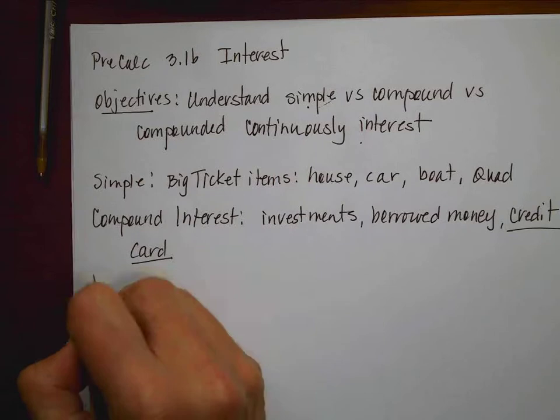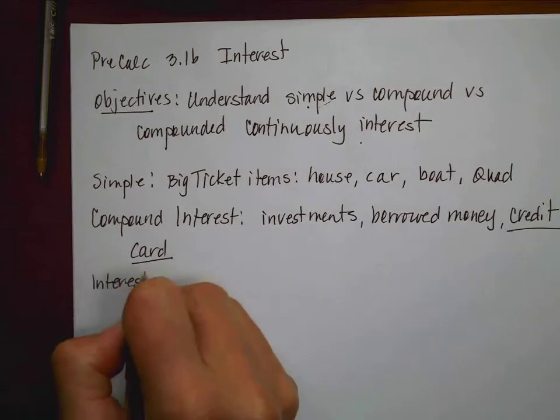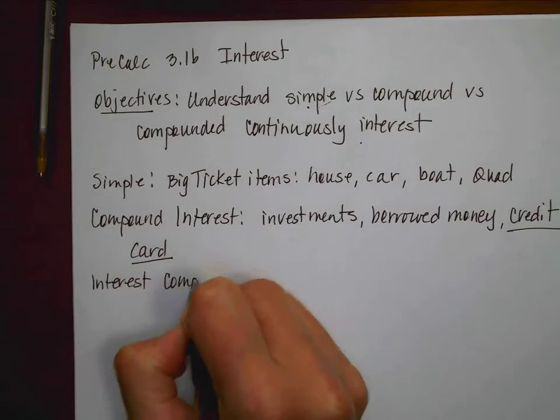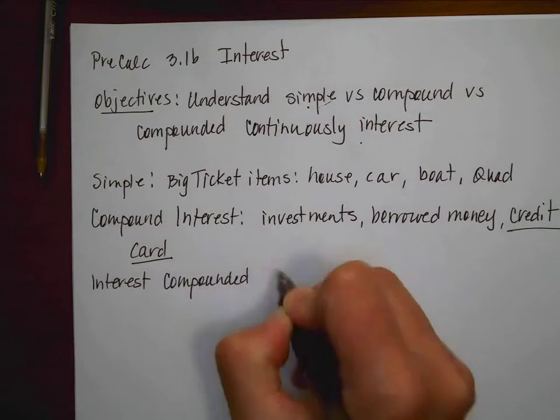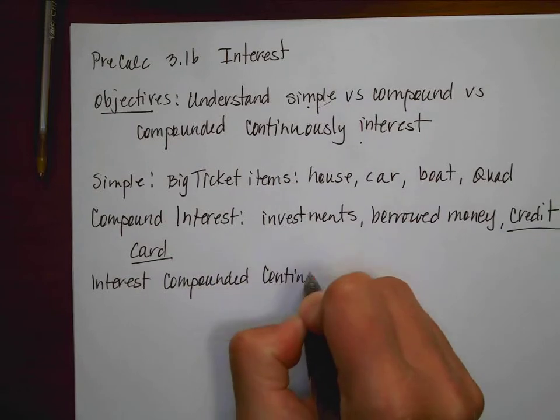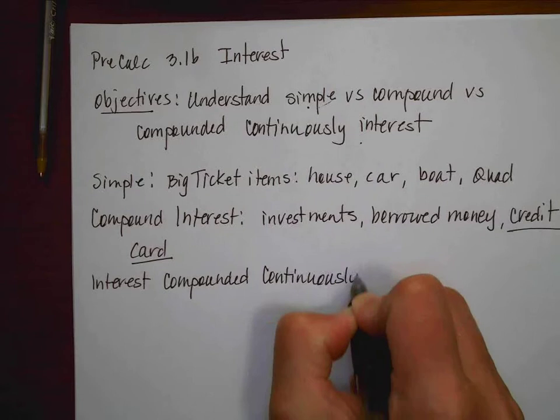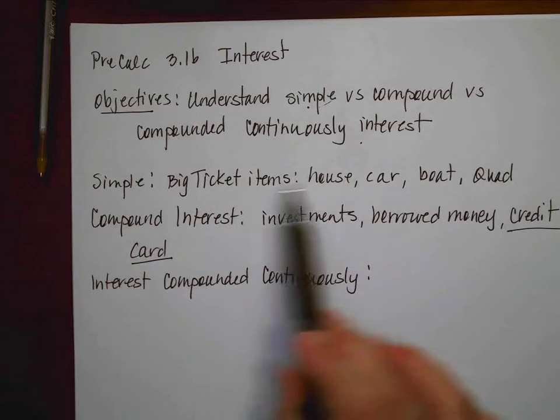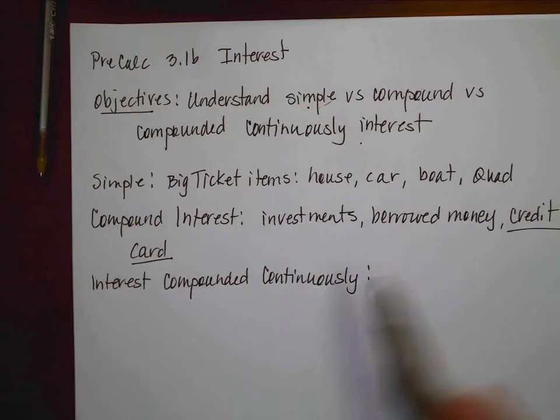The next one is interest compounded continuously. And again, these aren't limited to just these items. These are just examples.